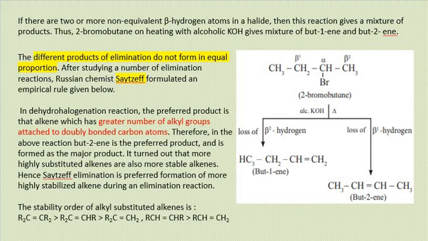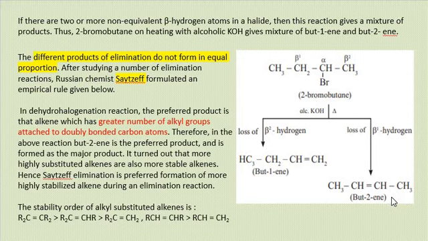According to Saytzeff, in dehydrohalogenation reaction, the preferred product is that alkene which has the greater number of alkyl groups attached to the doubly bonded carbon atoms. That product would be more in amount. And in this reaction, but-2-ene is the preferred product and it is the major product.